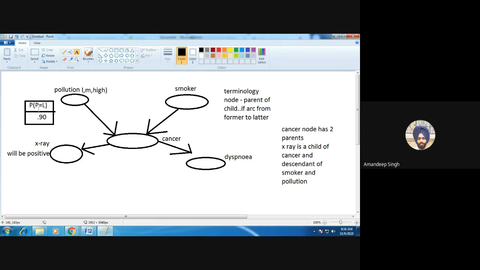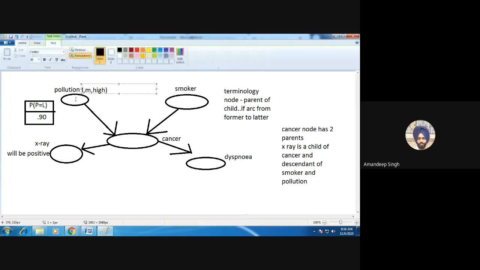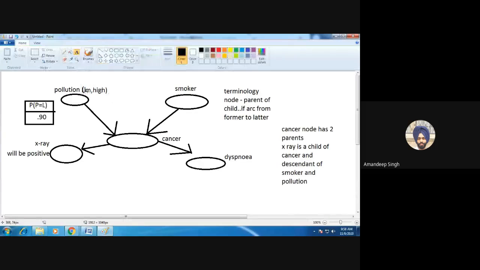So the probability with this pollution node with low, medium, and high, and with pollution falling in the low category, the probability of the pollution having the value is 90%.